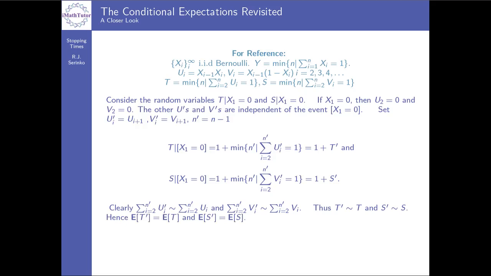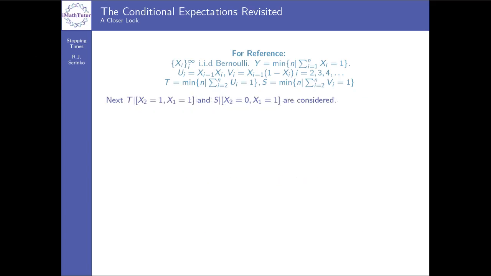Hence, the expected value of t prime equals the expected value of t, and the expected value of s prime equals the expected value of s. It follows that the expected value of t given x1 equals 0 is 1 plus the expected value of t, and the expected value of s given x1 equals 0 is 1 plus the expected value of s.